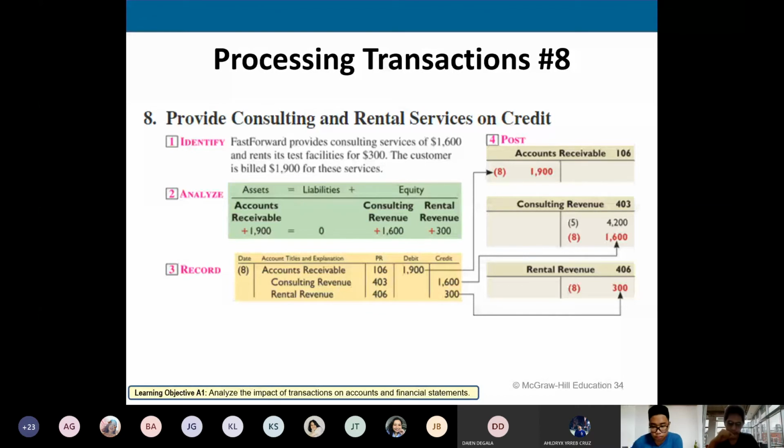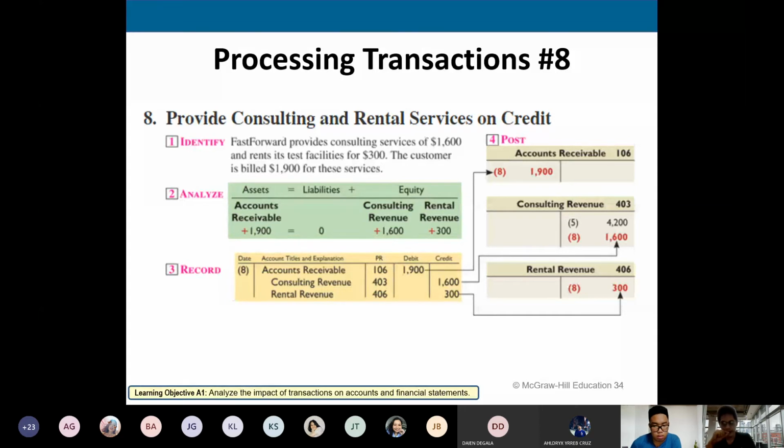Tama ba? And that is in the form of revenue. Tama? So, on credit means hindi pa nababayaran. That's the accrual basis of accounting, no? Principle, no? Na-deliver mo na, na-earn mo na, na-render mo na yung service, although hindi mo pa nakokolekta yung cash, tama?